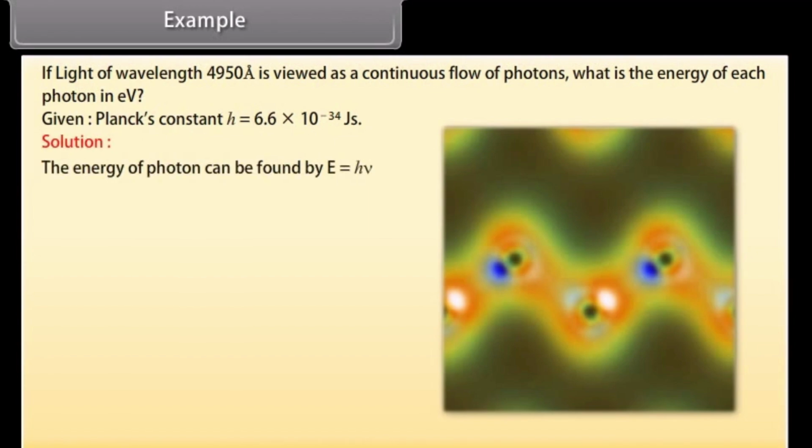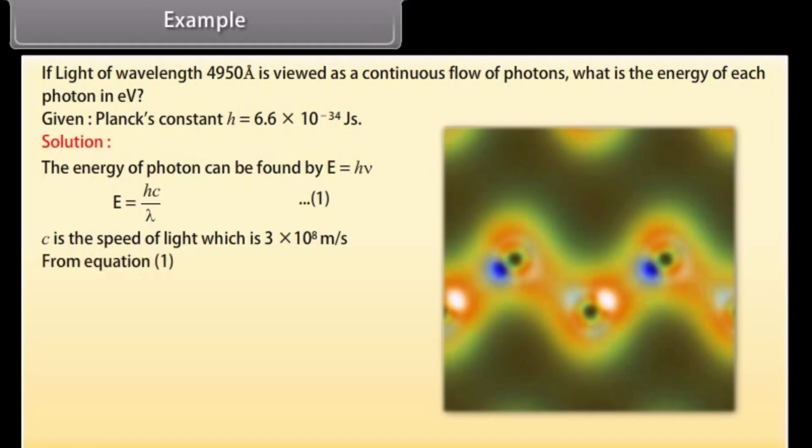Solution. The energy of a photon can be found by E equals hν, so E equals hc by λ, name it as equation 1. c is the speed of light, which is 3 × 10^8 meter per second. From equation 1, E equals 6.6 × 10^-34 into 3 × 10^8 by 4950 × 10^-10 joule.